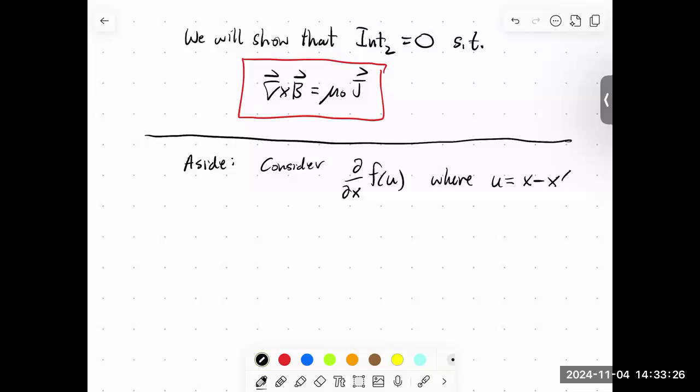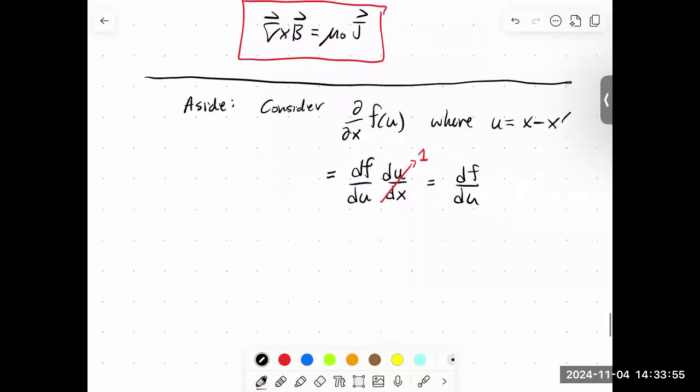So what tool do we have? Chain rule. So by the chain rule, this is df du times du dx. Okay, what's du dx? 1, exactly. So this is 1. And so that means that this is just df du. So fine, that's no problem.